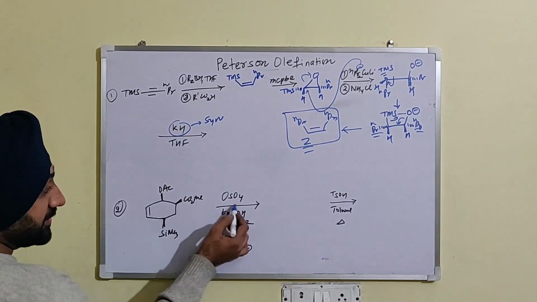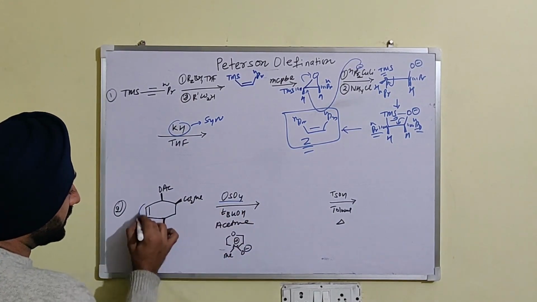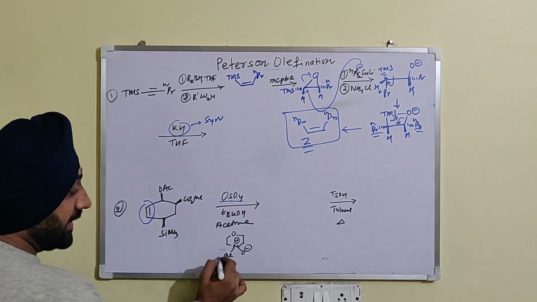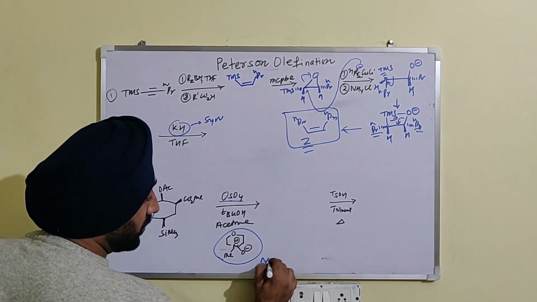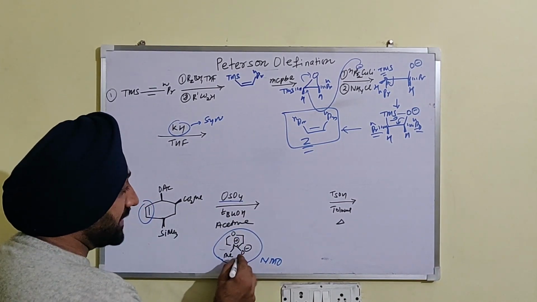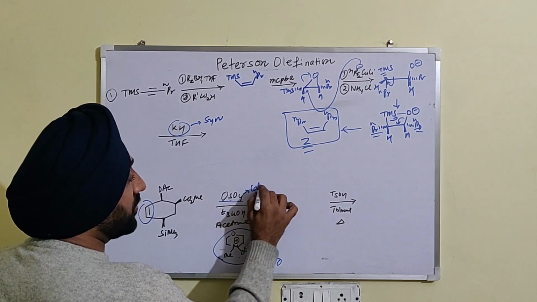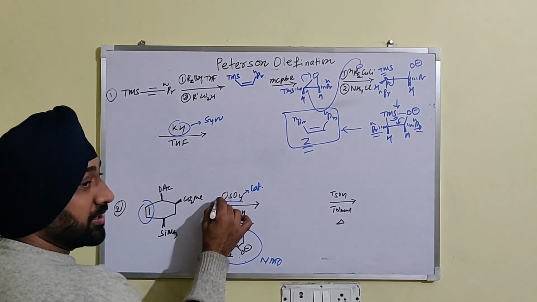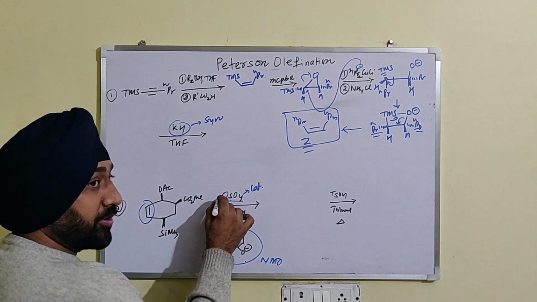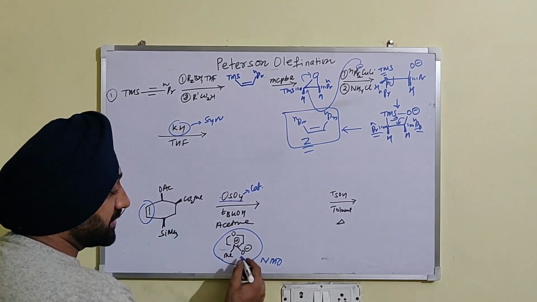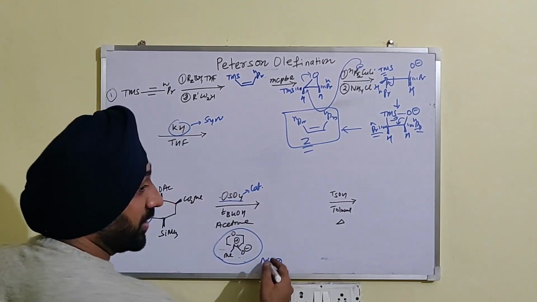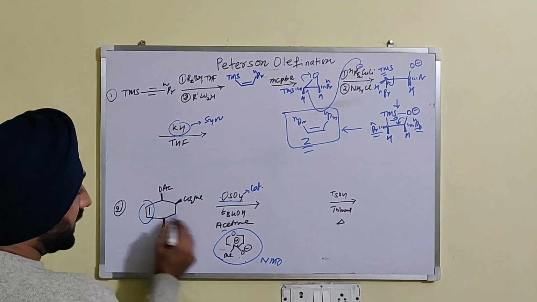Similarly, here we are carrying out a dihydroxylation of this alkene using osmium tetroxide, and here we have used NMO, which is a co-oxidant. It is used in catalytic quantity, and it generates the osmium tetroxide in the reaction media. This is called N-methylmorpholine N-oxide.